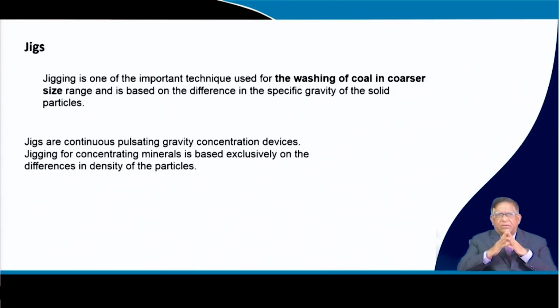In jigging, you will often find it in many coal washing operations. Indian coal has a high percentage of ash, and to remove that ash, we need to wash the coal. Washing coal is again a gravity separation, in which the coal particles have a density of 0.9 to 1.1, 1.2, depending on the type of coal.